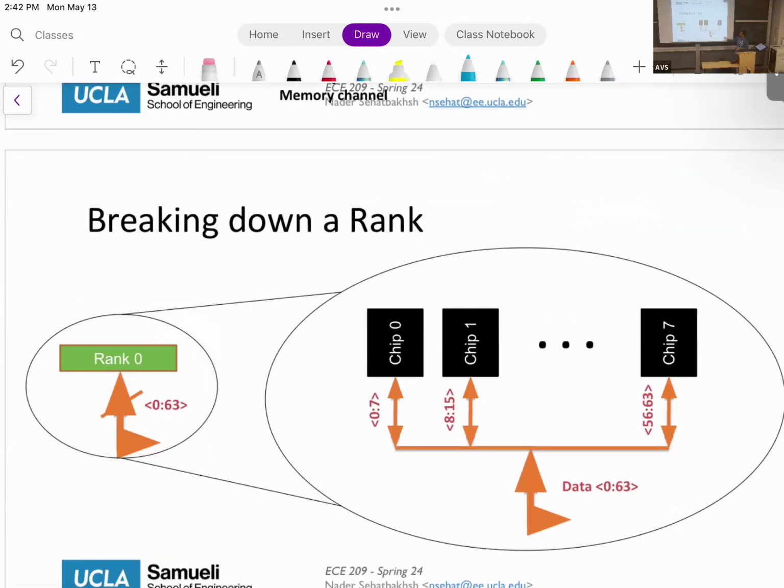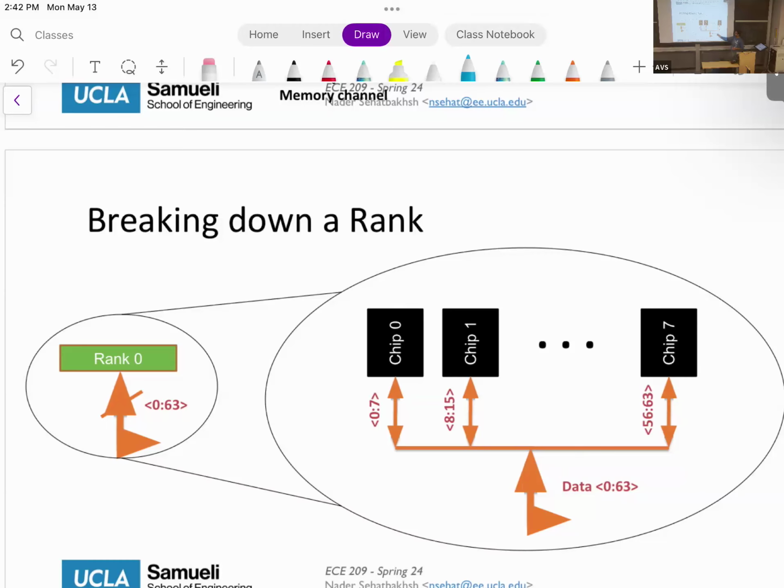So now let's look at what's going on in each rank. Let's, for example, look at rank 0. As I said, we have 64 bits that go inside each rank. Within each rank, we usually have multiple chips. Typically, we have 8 chips, and each chip is putting out 8-bit data, okay?